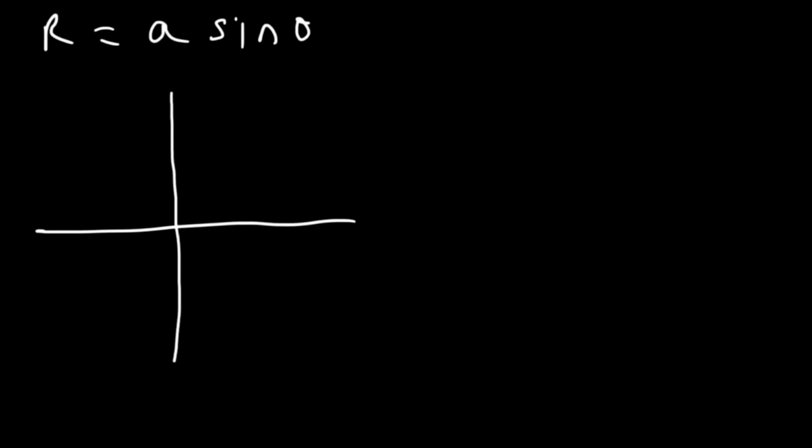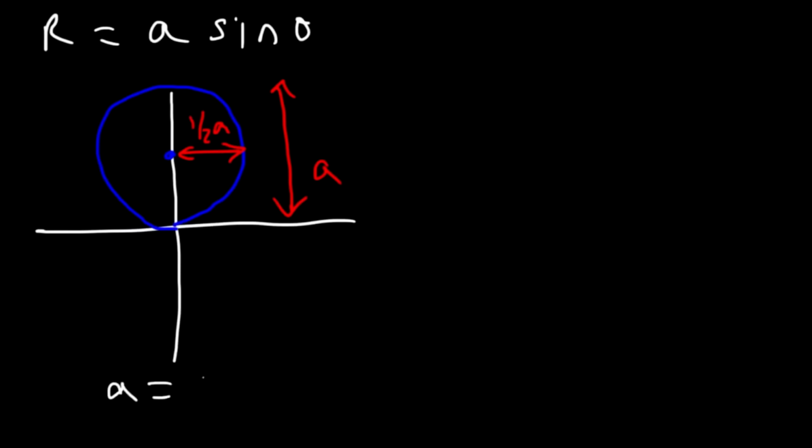So let's say if A is positive, then we're going to have a circle that goes above the x-axis, centered on the y-axis. So once again, the diameter will still be equal to A. And this portion, the radius, is half of A. So that's when A is positive, or when A is greater than 0.